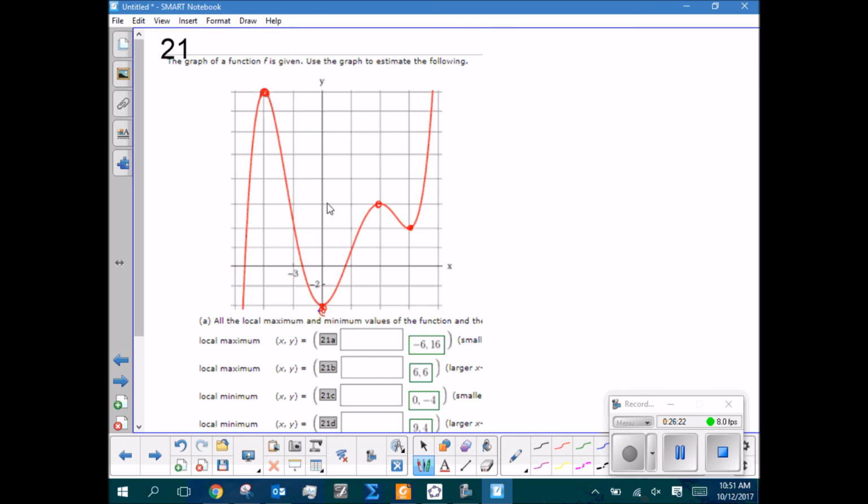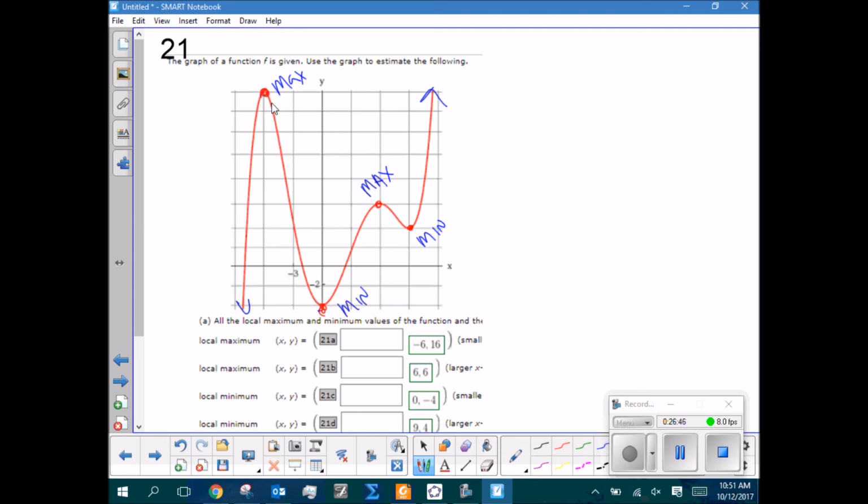Peaks are maximums, troughs and valleys are minimums. So max, min, max, min. They're all local because, going on to infinity in both directions, there are y values that are smaller than that one there, and there are y values that are maybe bigger than that one there.